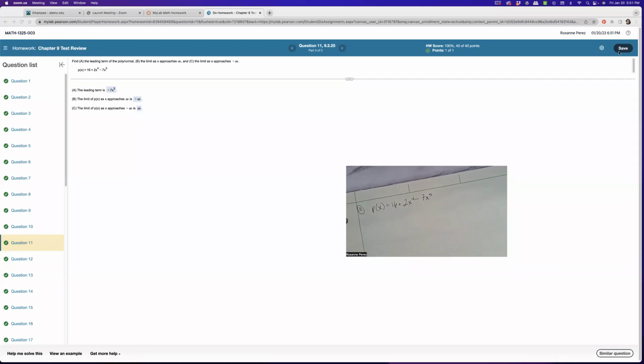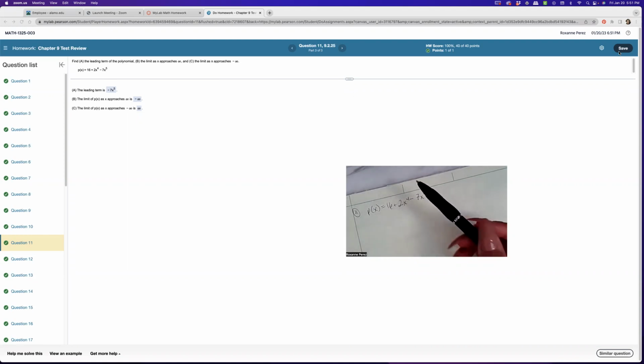Okay, so question number 11, we're given the function p of x equals 16 plus 2x to the fourth power minus 7x to the fifth power. Part A is asking for the leading term.